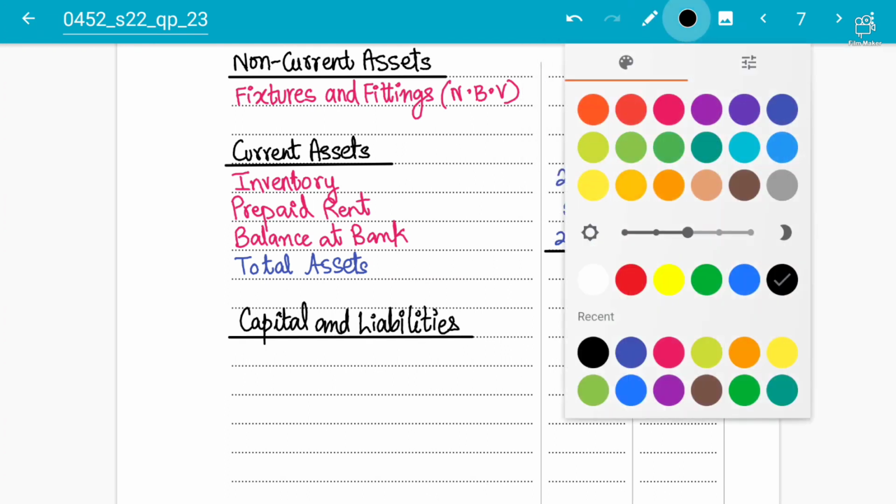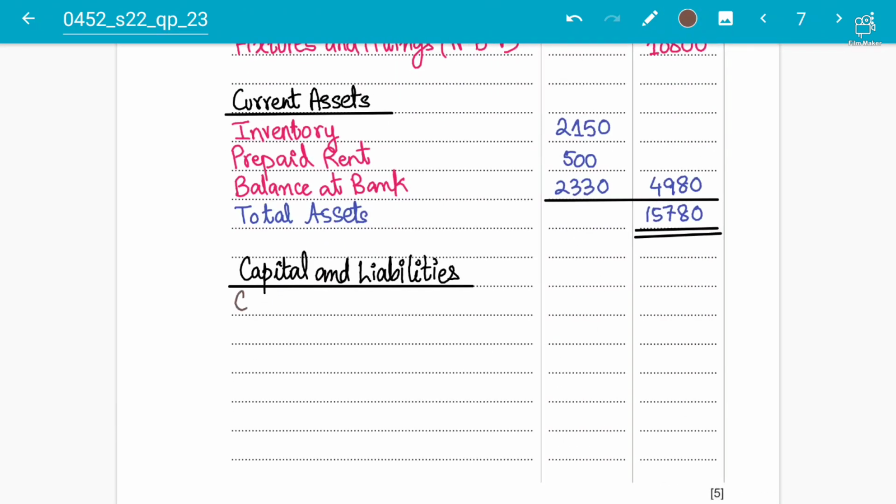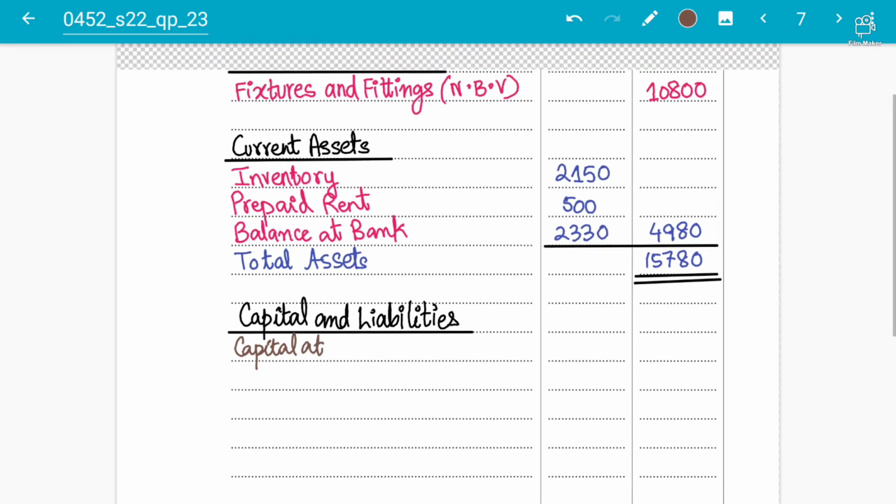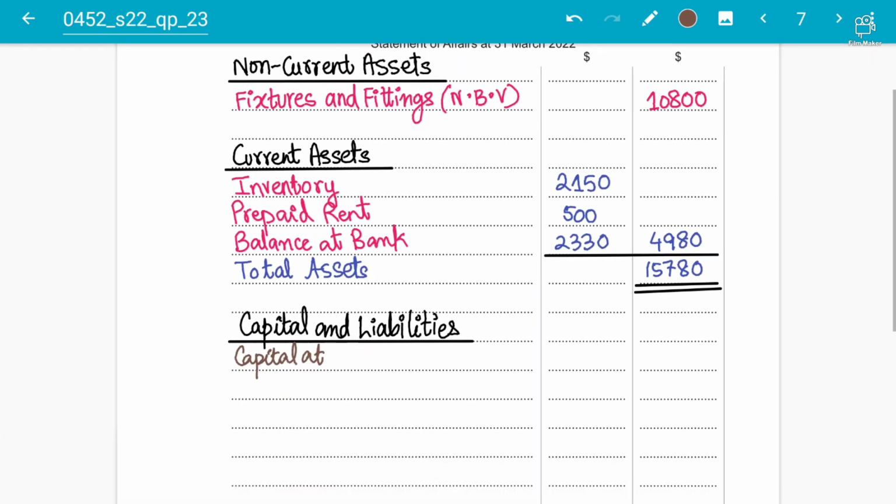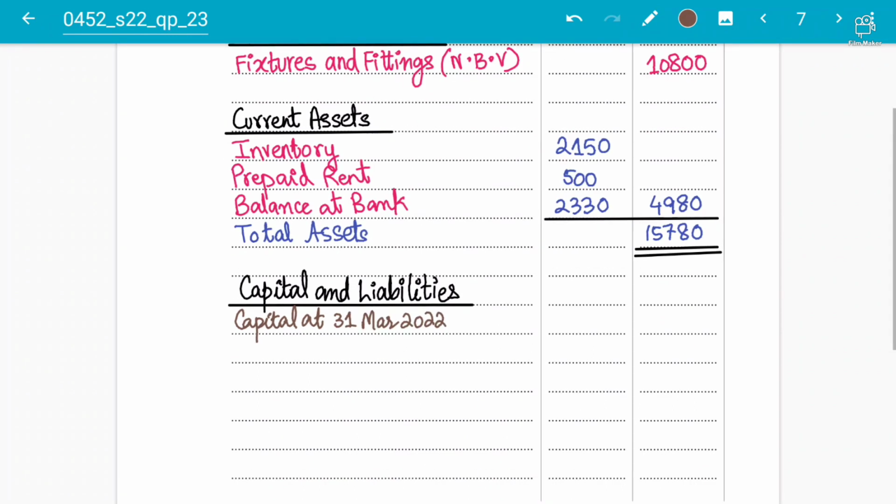If you need to get the closing capital, that is the balancing figure as well. So we'll write down here the capital at the 31st March, the end of March. We have to find it out, but let's put a question mark here because we don't know at the moment, we'll find out in the end.